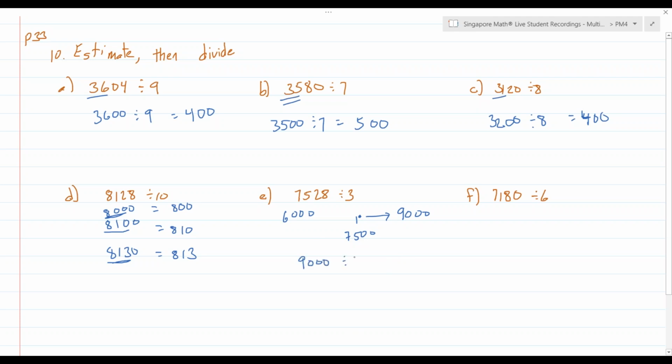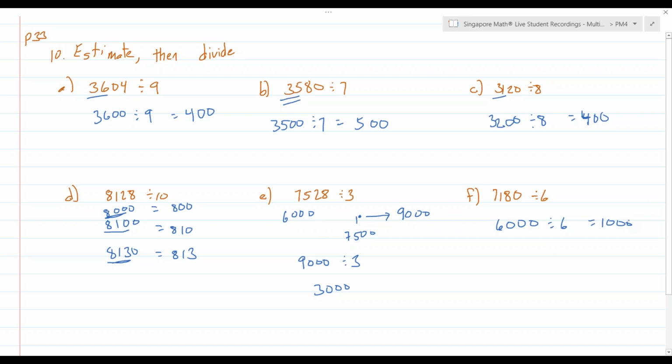So 9,000 divided by 3 is 3,000. The last one on this group, 7,180, the closest number would be 6,000. 6,000 divided by 6 is 1,000.